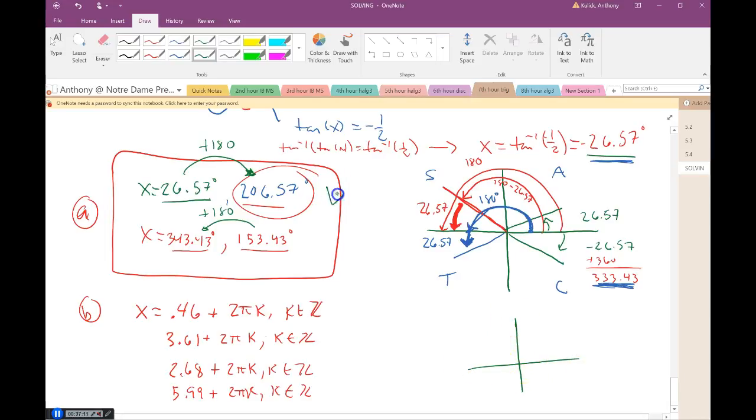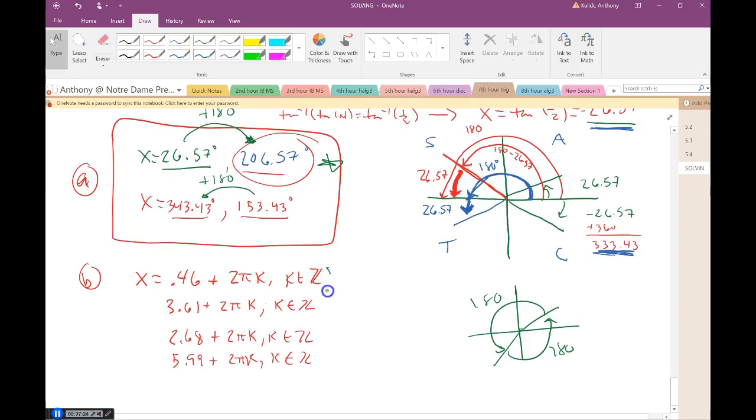So if I look at this first couple, I have an answer here and then an answer here. If I go 180 from that answer to that answer, I do another 180 and I'm back again. So what the textbook will do in the back is they'll just take one of the two, and instead of adding 2 pi k, or 360, they'll combine both of those and just add 1 pi k, or 180.